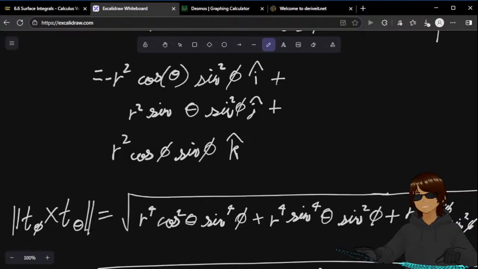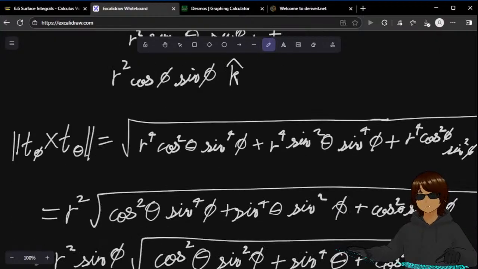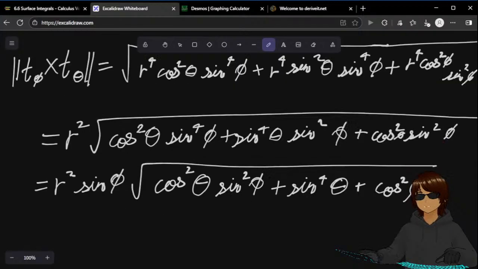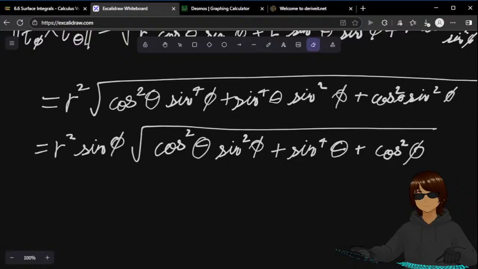So this square, cos square, sine square phi. This square, and then sine phi 4. And then this square. Took the r out. Sure. Sine.